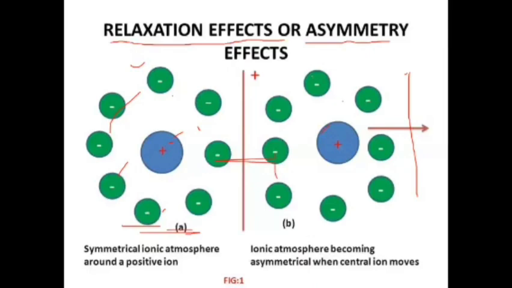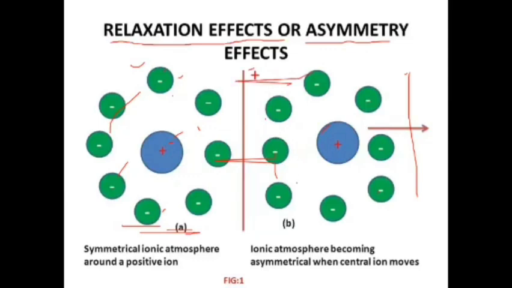So in that case, what happened? The symmetrical ionic atmosphere is transformed into an asymmetric one. There is some disturbance that takes place while you pass the current through the solution. Initially, a symmetrical arrangement is possible. After passing the current, an unsymmetrical arrangement is established.